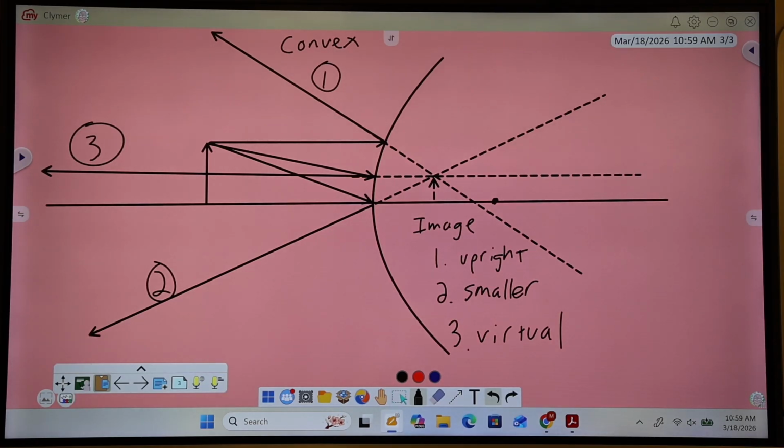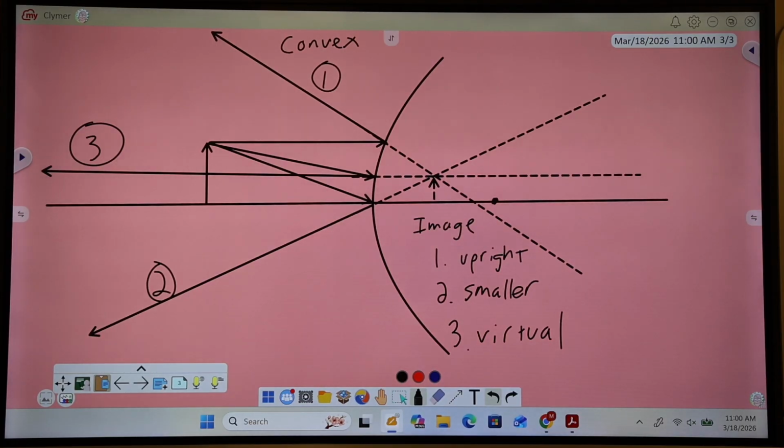All right, so here's where we go from here. These are the basics of drawing a ray diagram for you to predict what an image will look like based on where an object is and what kind of curved mirror we're talking about. And for the sake of this class, we're only talking about basic convex and concave mirrors.